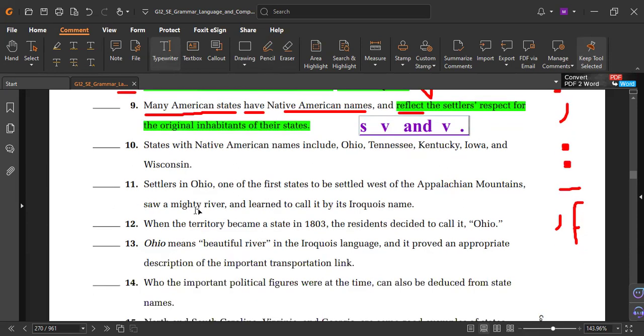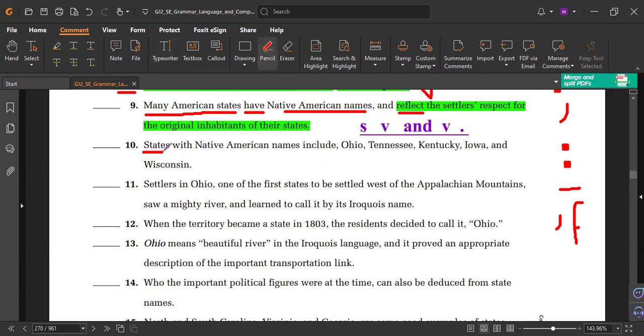Number 10. What is the mistake? It's correct, no mistake. Now we have a mistake for the comma after include. Let me try. Well, that is a mistake.